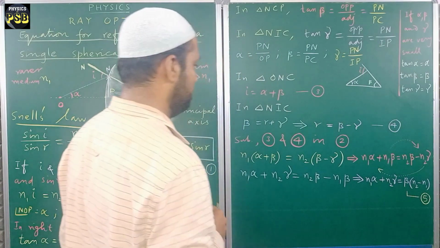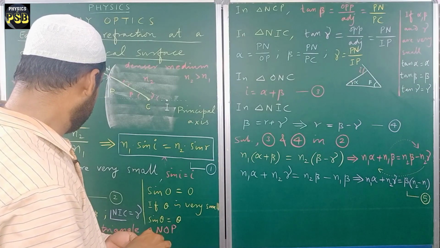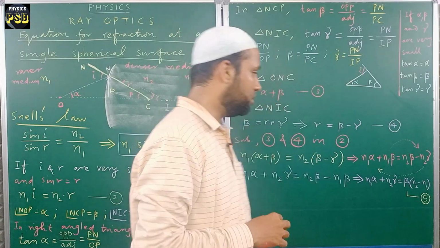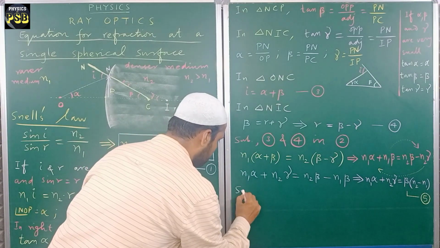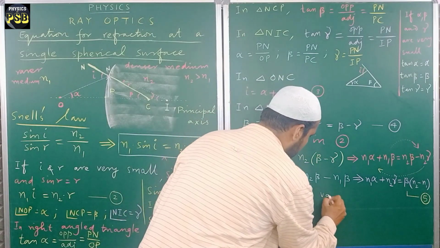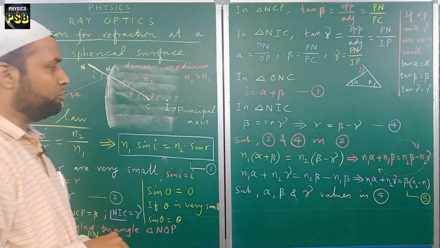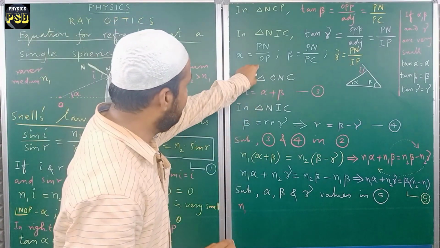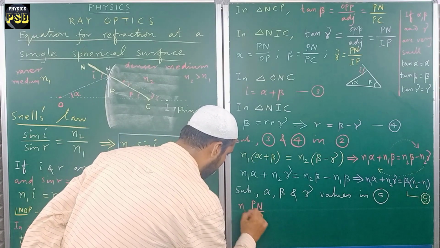Equation number 5. Okay. So next, I know the value of alpha, beta and gamma. This I am going to substitute here in equation number 5. Substituting alpha, beta and gamma values in equation number 5. Let's see what we get by doing so. Here n1 is kept as such. In the place of alpha, I write its value, that is Pn upon OP.